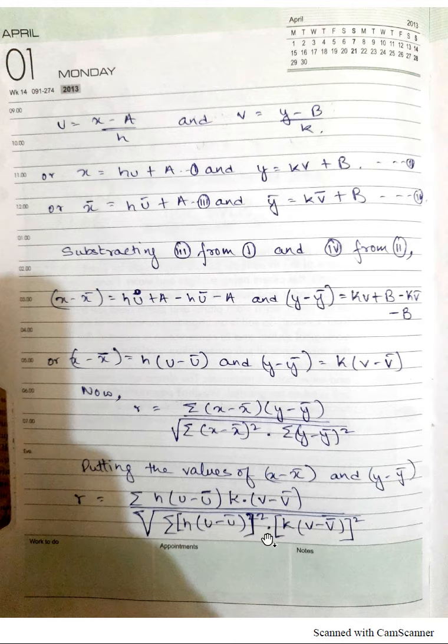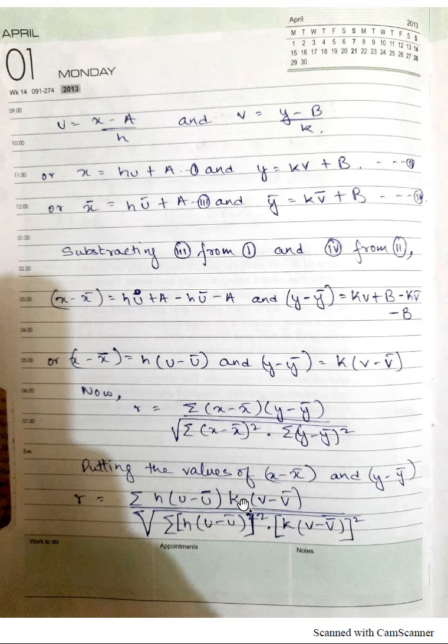Again I'm sorry, I missed it here. Here you should write a summation sign, k into v minus v bar whole square. Again you will have a summation sign here, you will have to add it yourself. So we just put the values of x minus x bar and y minus y bar in this formula. Please remember to add a summation sign here.